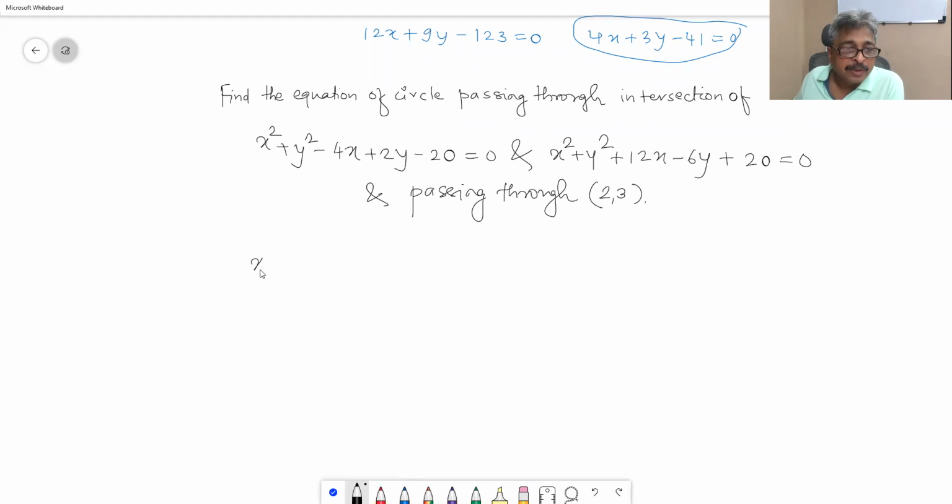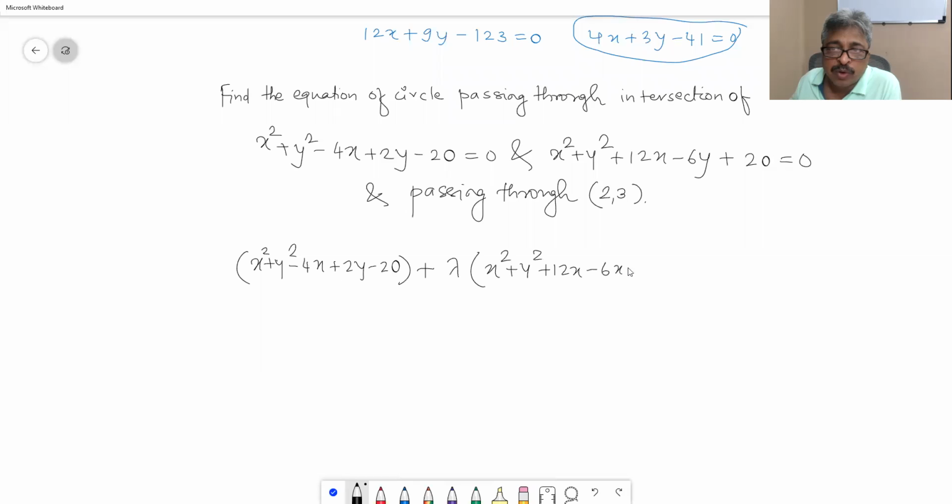Anyway, x square plus y square minus 4x plus 2y minus 20, that is my first circle, plus lambda times x square plus y square plus 12x minus 6y plus 20 is equal to 0. Now let us observe, are the coefficients of x square and y square same?